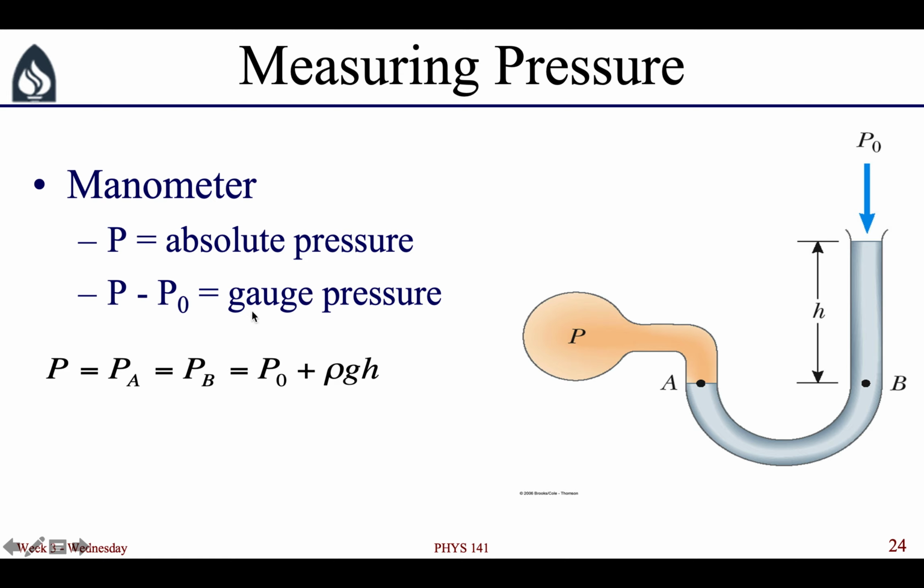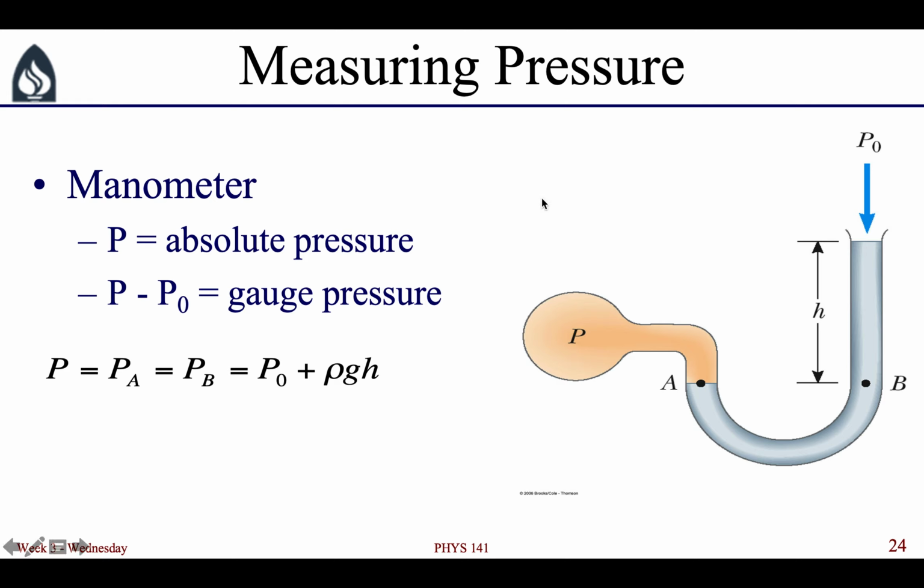So what you're getting is the difference. You're seeing what is the increase in pressure inside the football as opposed to the atmosphere outside the football. The same thing with a tire gauge for your car. The tire gauge gives you the difference between the pressure inside the tire and the atmospheric pressure outside the tire.